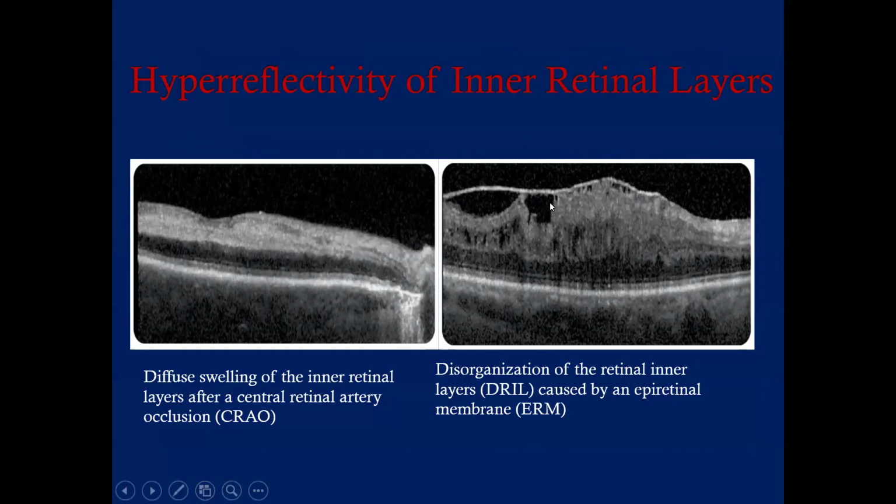You can also see, from a periretinal membrane, this disorganized layer. You cannot differentiate the different layers of the retina, like the nerve fiber layer, the ganglion cells, the inner nuclear layer, and the like. This is called DRIL. It's a poor prognostic indicator for intervention with surgery or anti-VEGF once they do develop this DRIL.